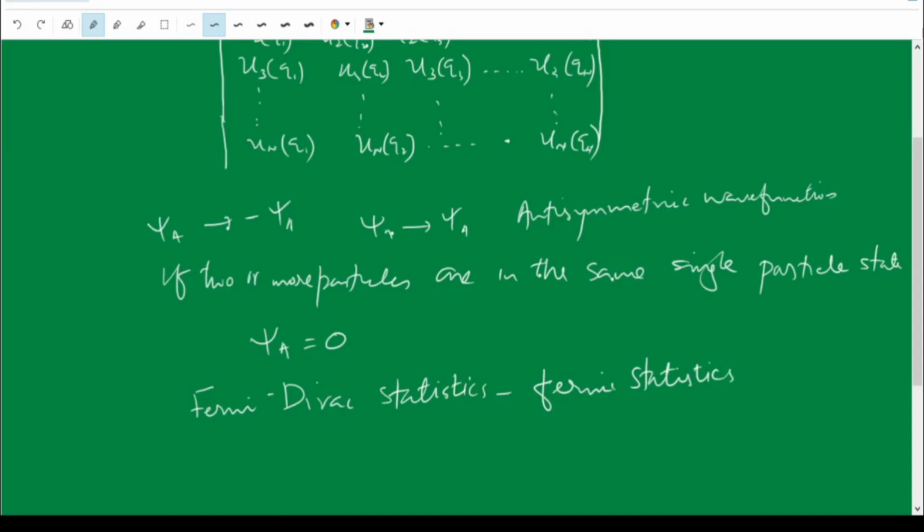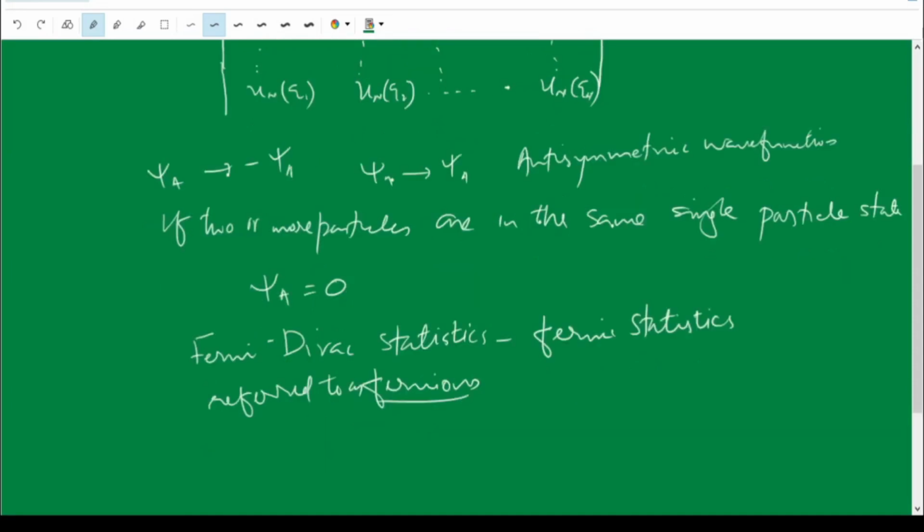Such particles are called fermions. These particles obeying Fermi-Dirac statistics are referred to as fermions.